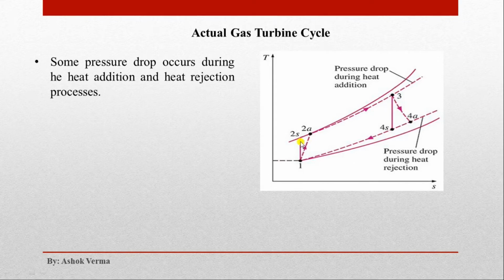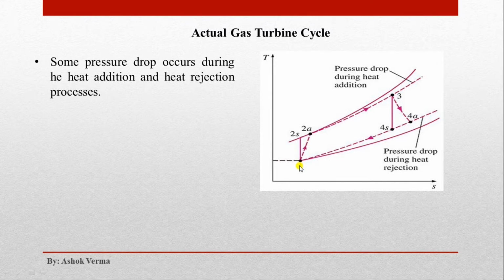So these losses can be, and there will be the pressure drop, and also there will be some friction in the compressor and in the turbine. If there is some friction, then this process will be internally irreversible. If this is an internally irreversible process, then the process will not be isentropic.